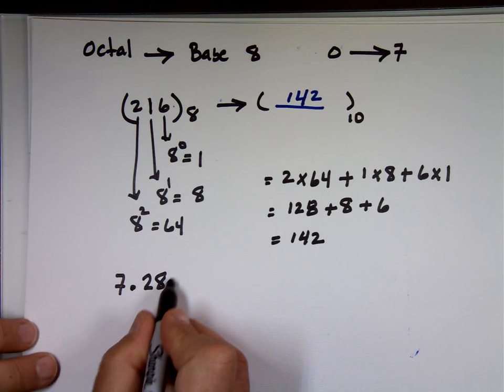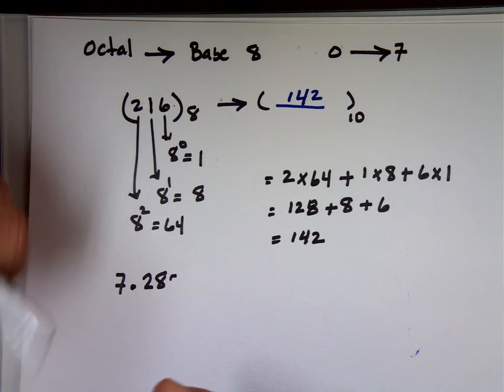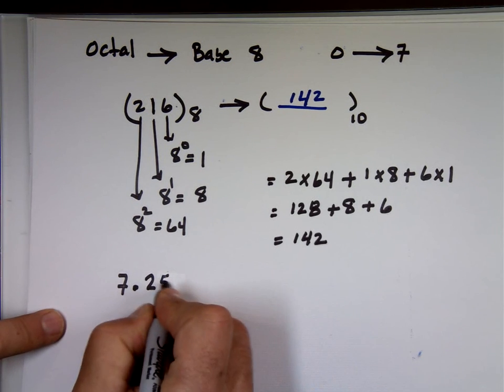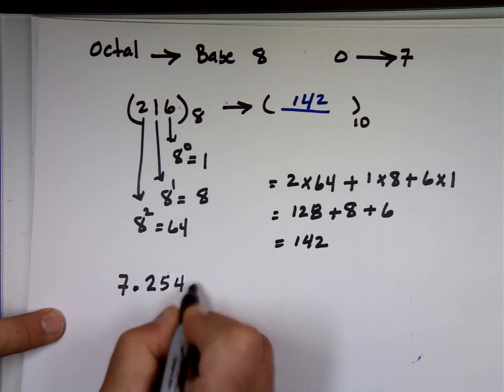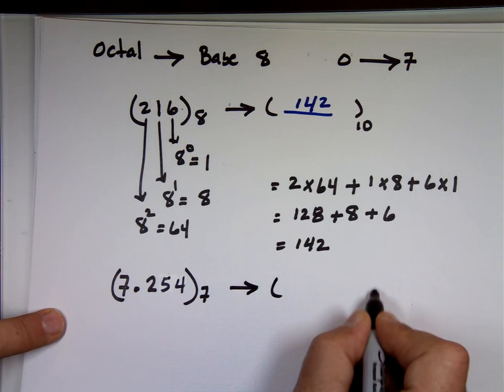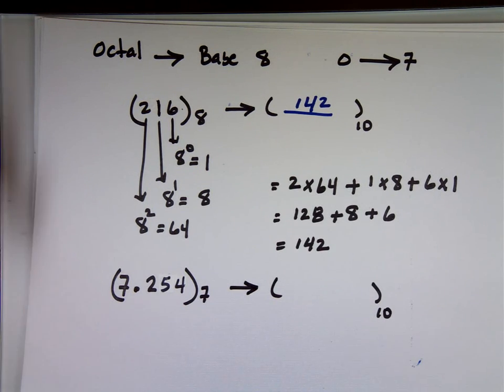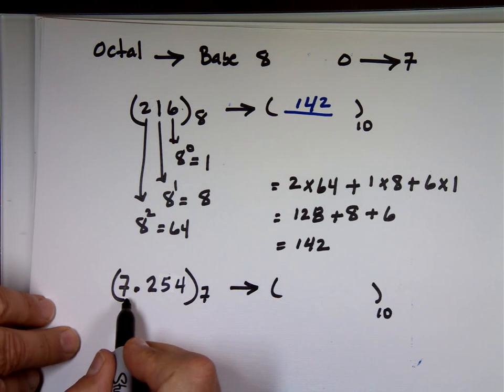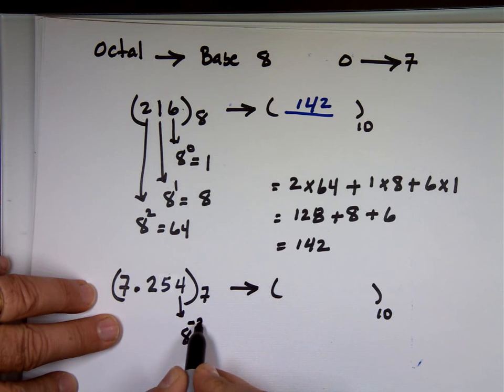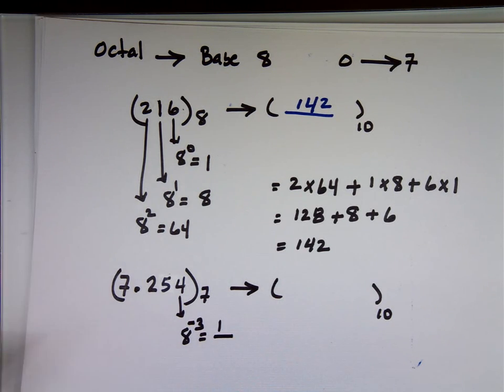Again I fell asleep. The weight of this is what? 8 to the minus 3, which is 1 over, what's 8 to the third? 512.